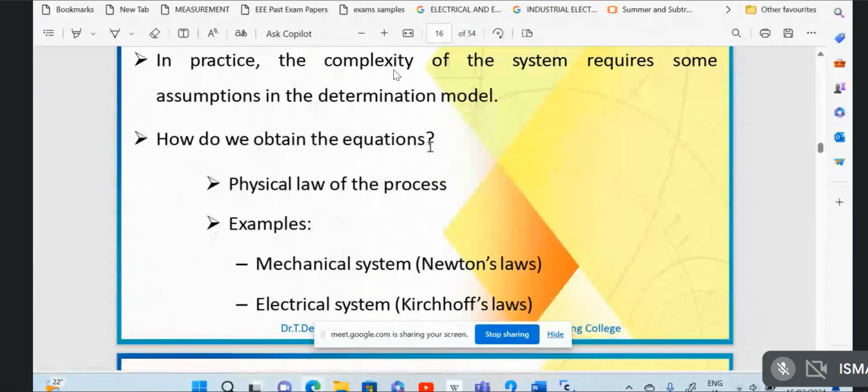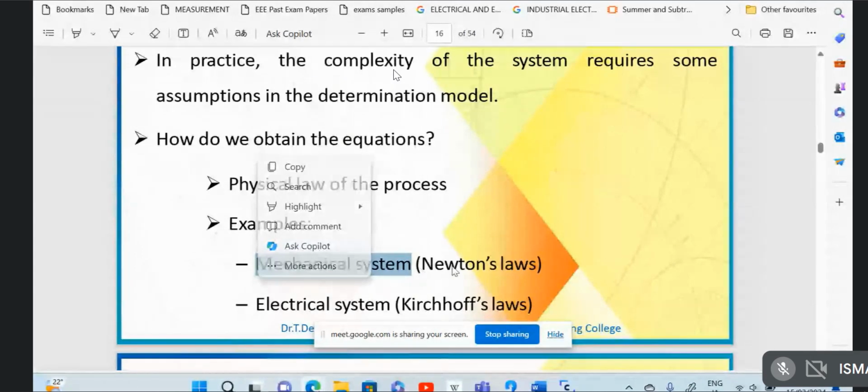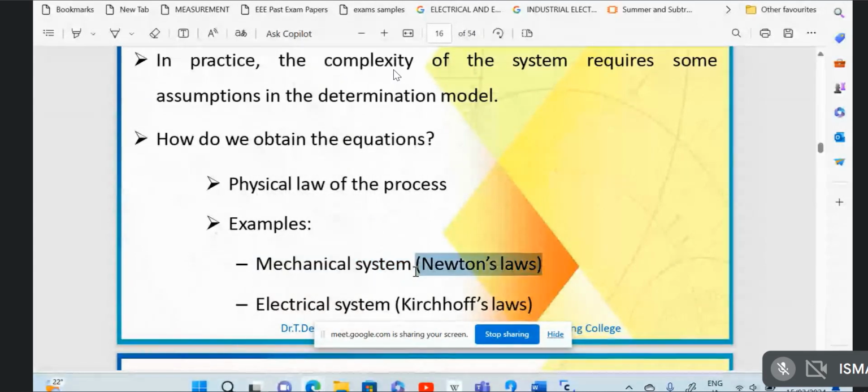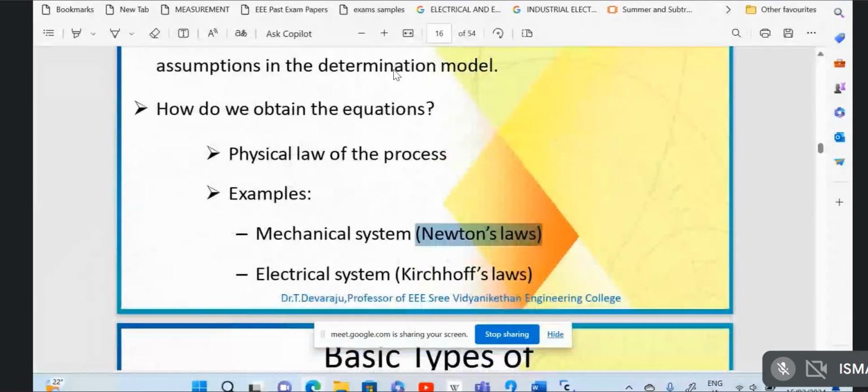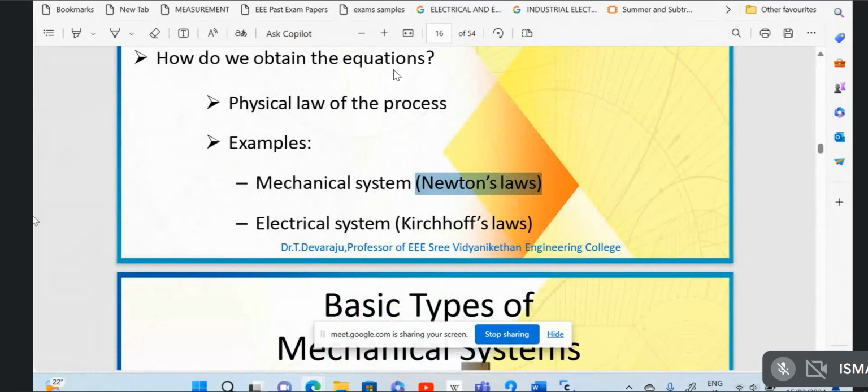So how do you obtain equations? From the physical laws of the process. If you start with mechanical systems, we shall look at Newton's laws. Electrical systems will give us Kirchhoff's laws.